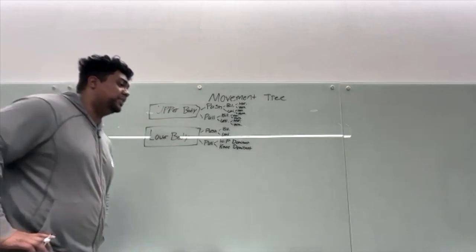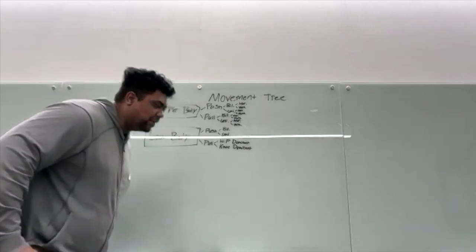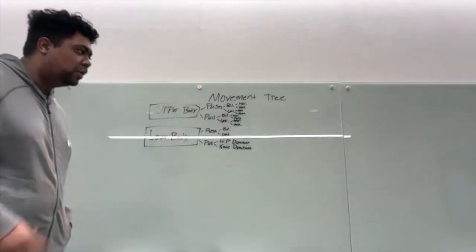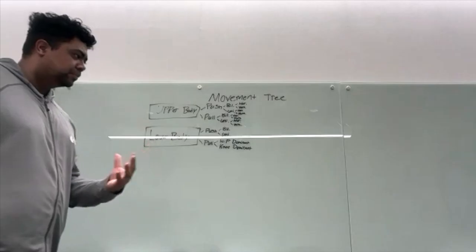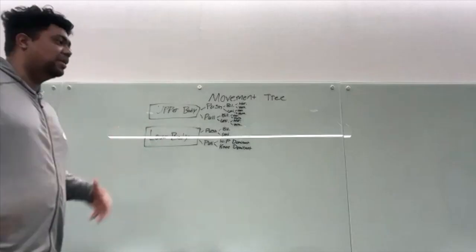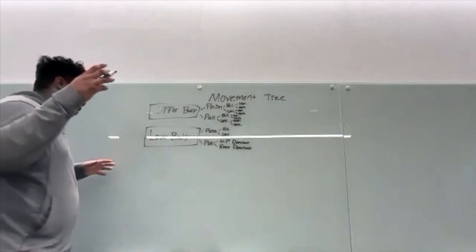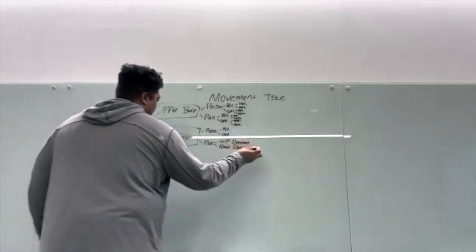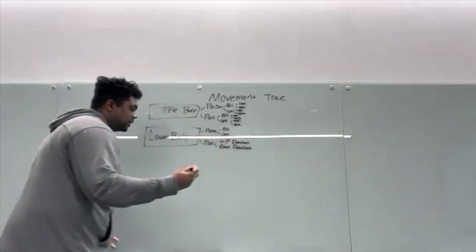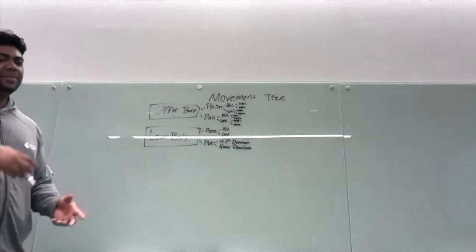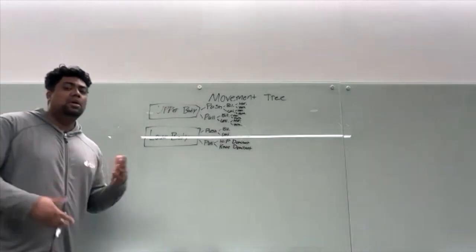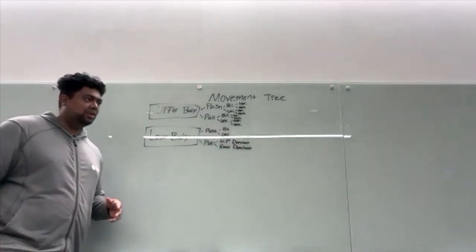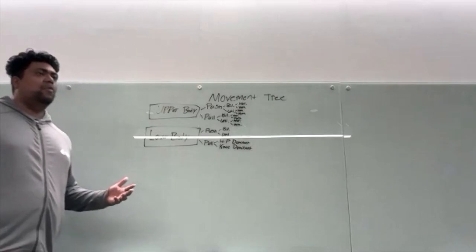You could even do a split squat and add a little bit of torso lean, like lean your torso forward and it'll activate more glute. The only thing that kind of doesn't fit in here is a deadlift, which can be manipulated to be either a push or a pull. It kind of just depends on what your torso is doing.